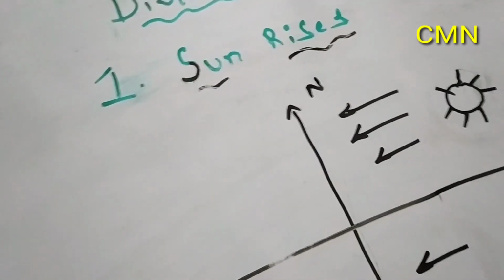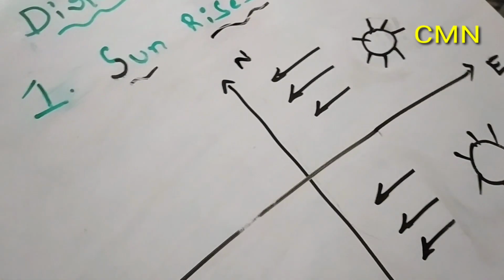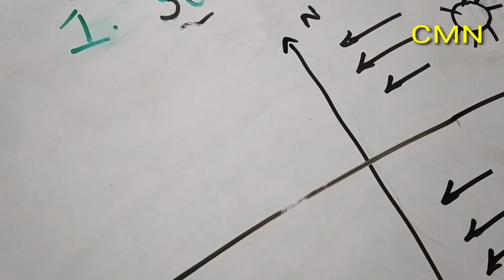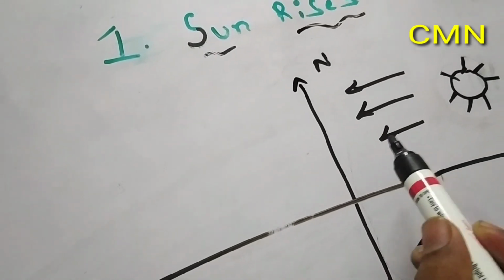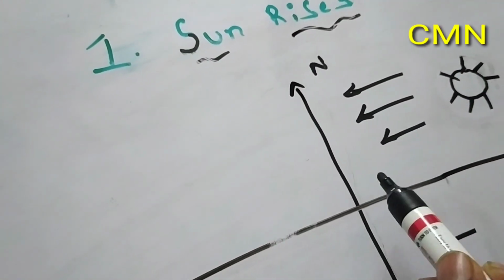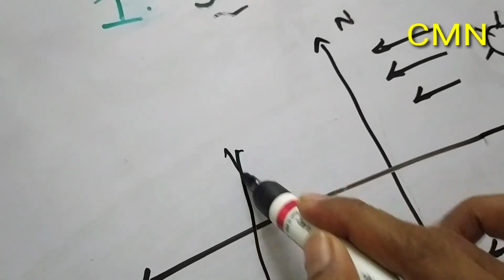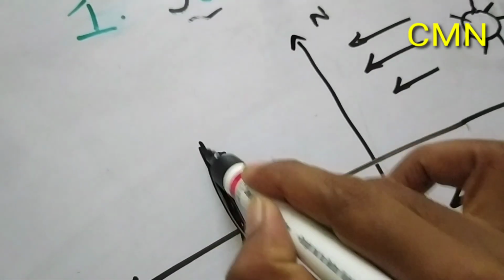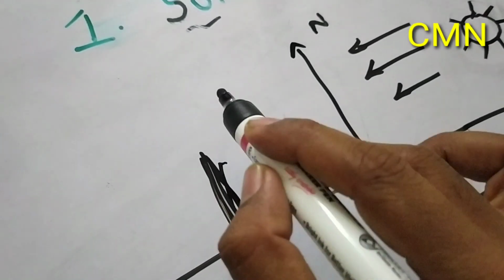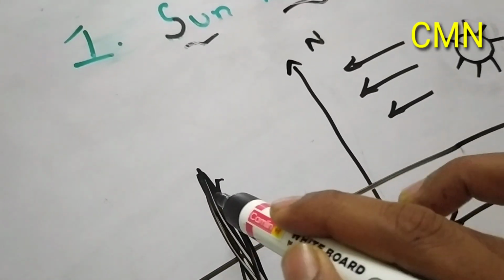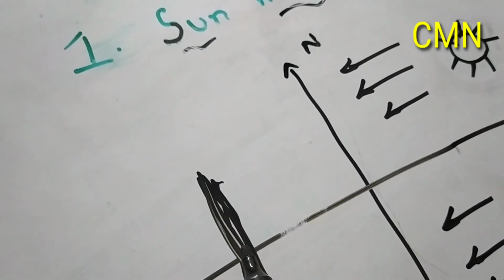Blindly remember this: in the sunrise concept, the sun will be in the east direction, and the shadow will always be in the west direction only.